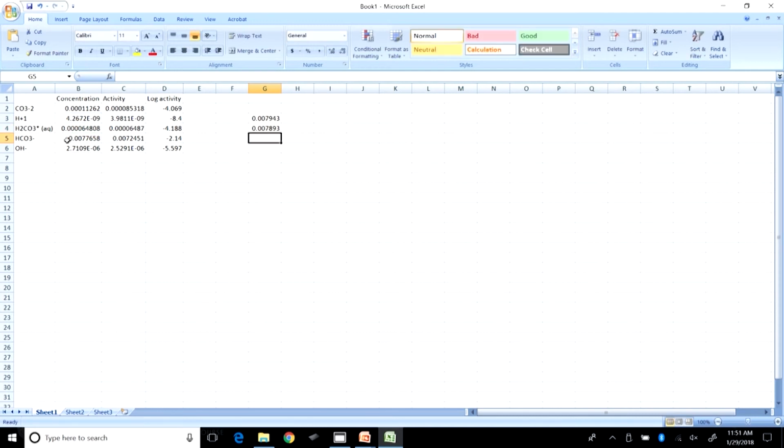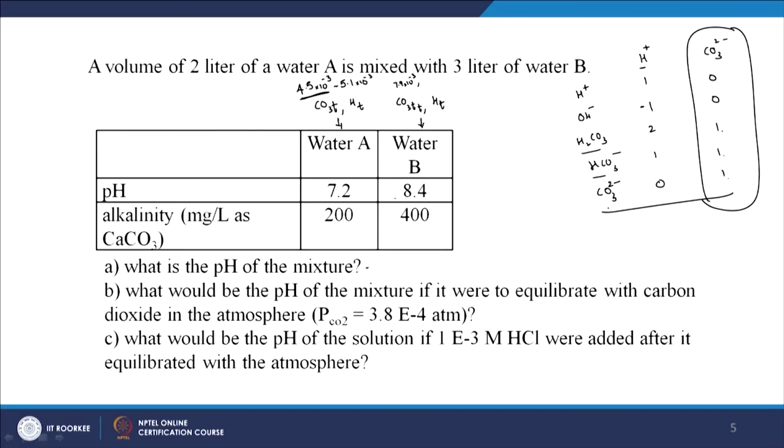So, enter please, and again it is relatively similar value, 7.9 into 10 power minus 3. So, let us just check if we have the right calculation here. So, we said H plus and minus OH minus, that we are done with, 2 times H2CO3, and B5 is HCO3 minus. Yes, so we are on the right track. Enter please, and we are going to approximate it by 7.9 into 10 power minus 3, right. Same H total is again 7.9 into 10 power minus 3, right.